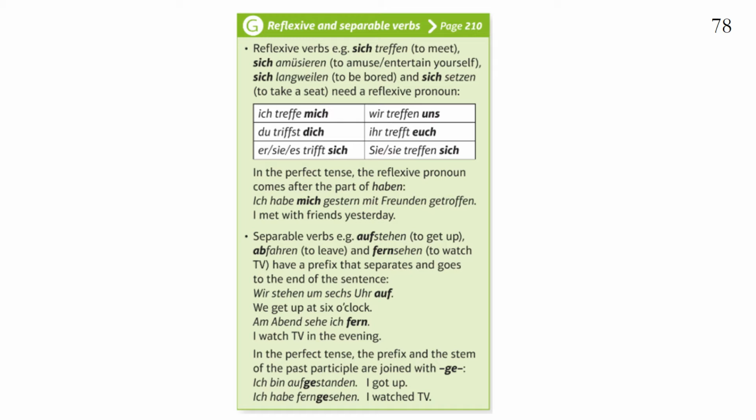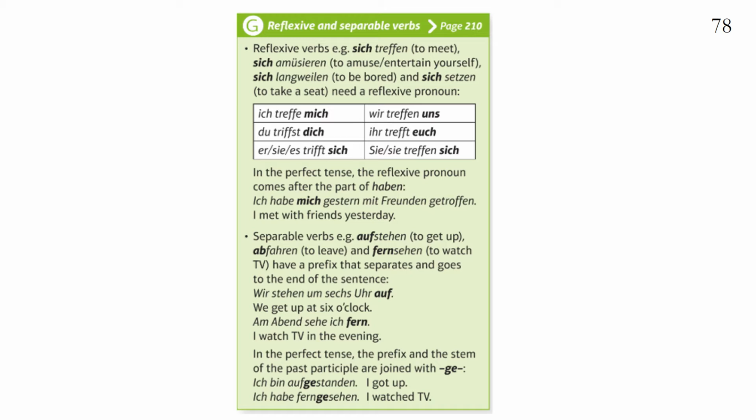So far today, we've looked at key reflexive and separable verbs, and those verbs we've already covered in Year 9. But in your GCSE textbook, there are a couple more to add to your list. So for instance, we have sich treffen, to meet, sich amüsieren, to amuse or entertain yourself, sich langweilen, to be bored, and sich setzen, to take a seat.